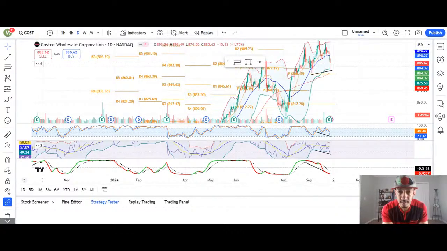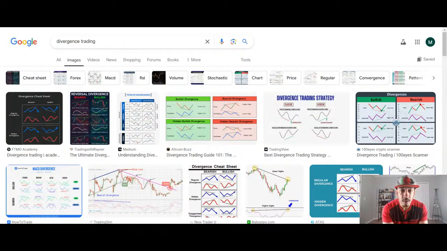Divergence trading. Let me show an image. All right. So divergence trading. So if y'all see this, a divergence is when the stock is moving in a different direction than the indicator, or angled in a different direction.